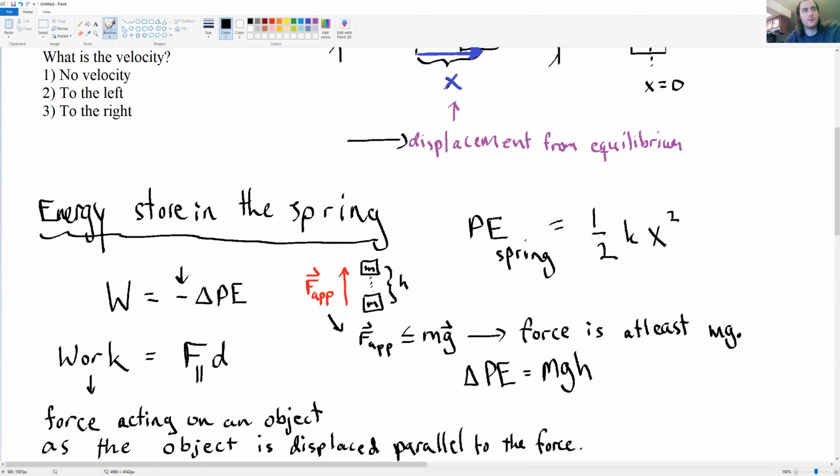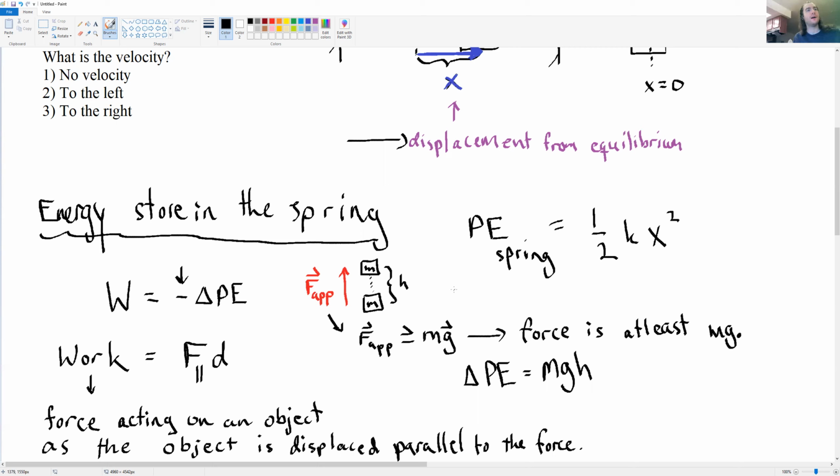In order for me to lift the object, I have to exert a force less. Did I say, oh my God, I said less than. Sorry, guys. Greater than or equal to mg. I have to lift the mass with a force that's at least mg, its weight.